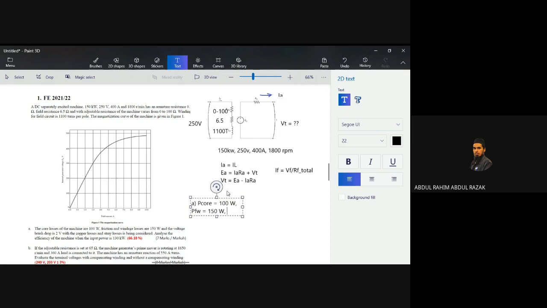Voltage drop VD is equal to 2 volts. Copper loss and stray loss are to be considered, so you have to find the copper loss and also the stray loss.